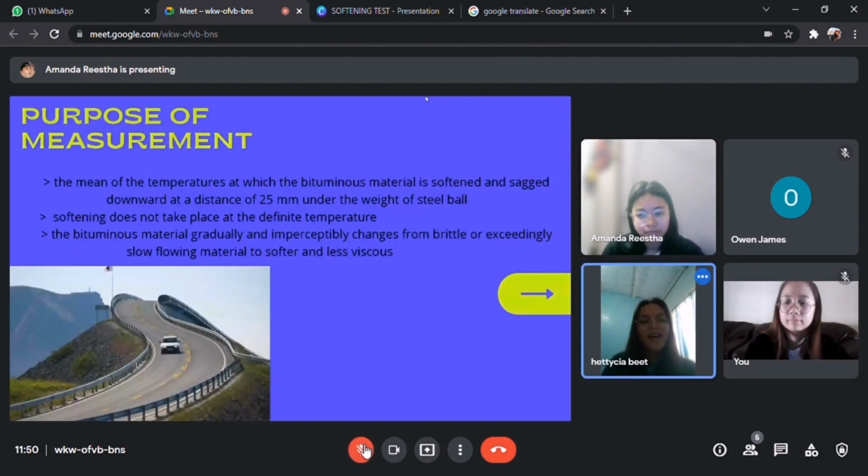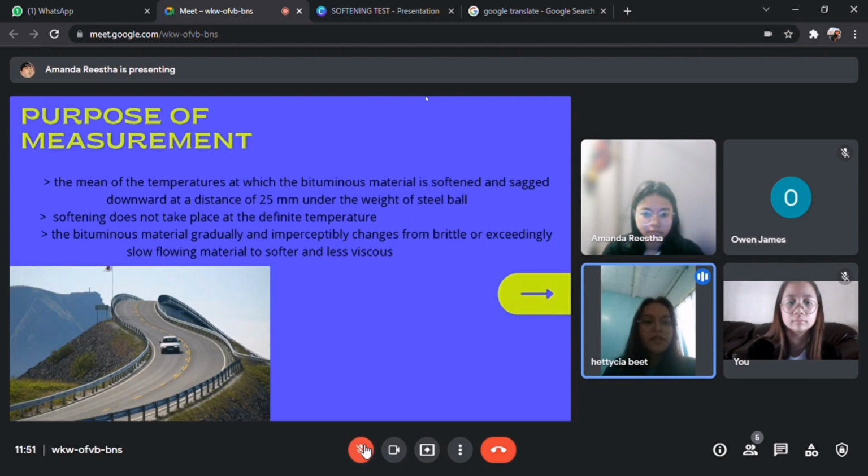Okay, next. I am Hetisia and I will talk about the purpose of measurement. The softening point is defined as the mean of the temperature at which the bituminous material softens and sinks downward at a distance of 25 mm under the weight of a steel ball. In general, with materials of this type, softening does not take place at a defined temperature.